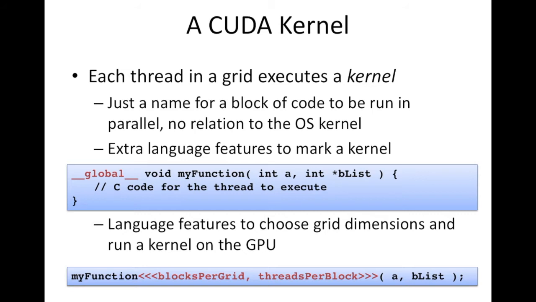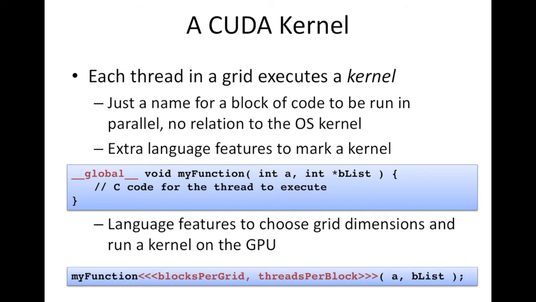So your program will start at main, it can call other functions inside that program, but when it wants to call some code that runs on the GPU, it's going to call a function like this my function, marked with this global keyword in front, and again, I think two underscores in front and two underscores in back. When you call code like this, it's called a kernel.